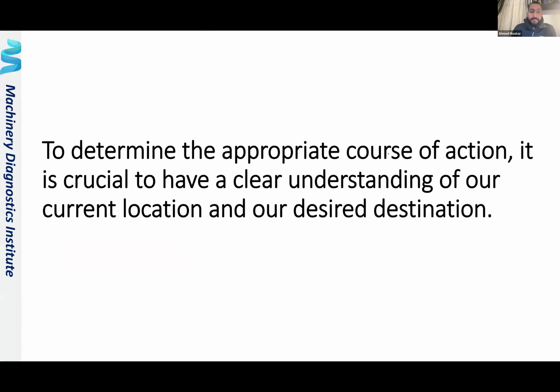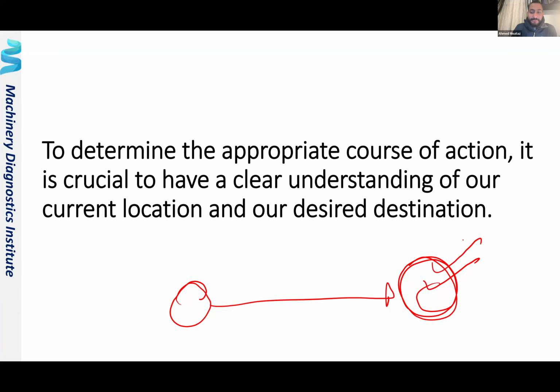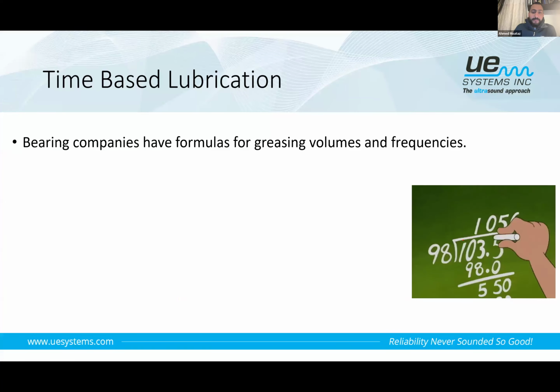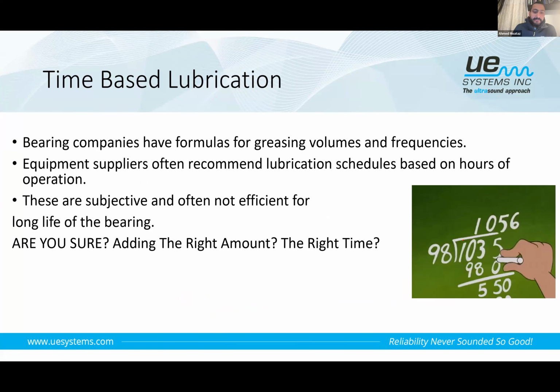So basically, to determine the appropriate course of action, it's crucial to have a clear understanding of our current location and our desired destination. So first, we want to know where we are, then to know just how to go there or where we want to go. If we are following the time-based lubrication, I can tell you that it's a good practice, but it's not the best.